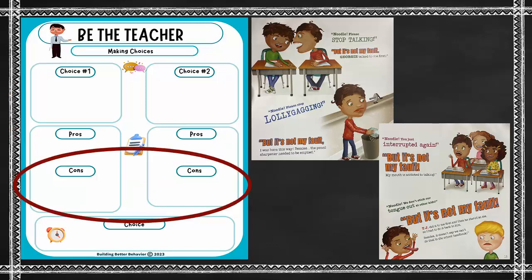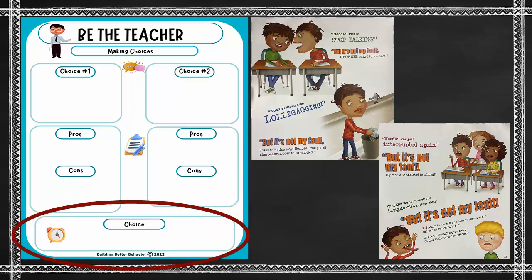Now pass the paper. Student number 2, pretend you are Noodle. Pause the video to write down what the cons for each choice is. Now it's time to choose. Pause the video while students discuss each choice and then practice how you would say it to your teacher.